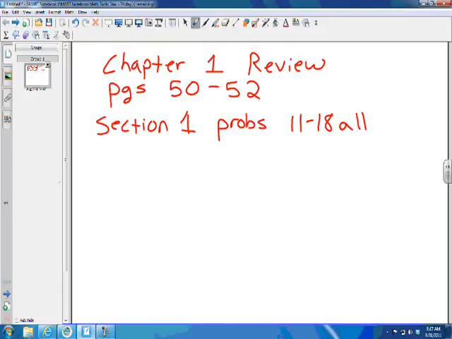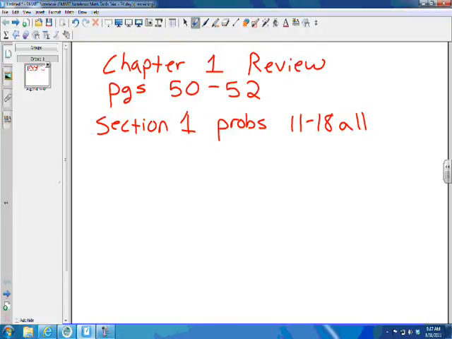What do the directions say there for all of those problems? The first word. Evaluate. That's all you have to do, is plug in those values that it gives you. Now, 11 through 14, you don't even have any variables in there. All you're doing is simplifying.